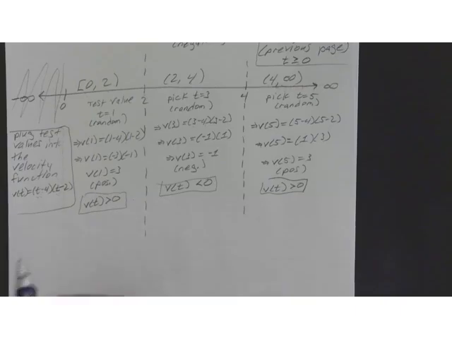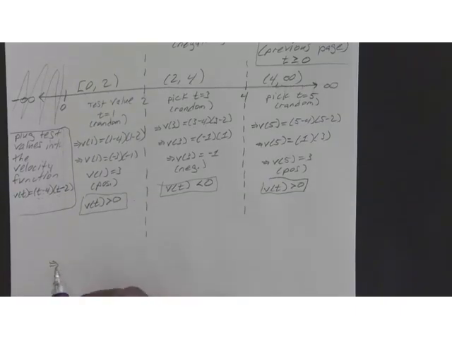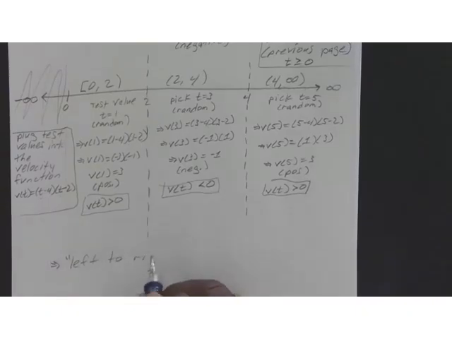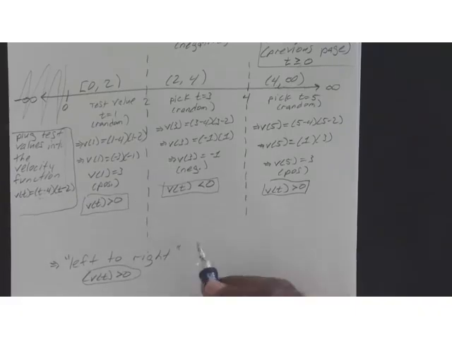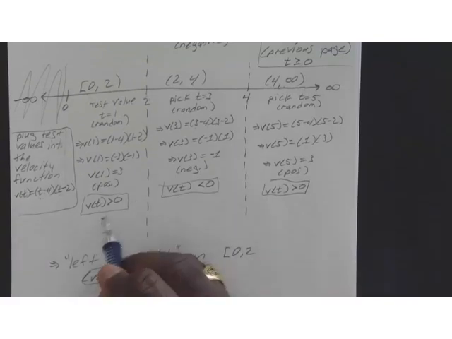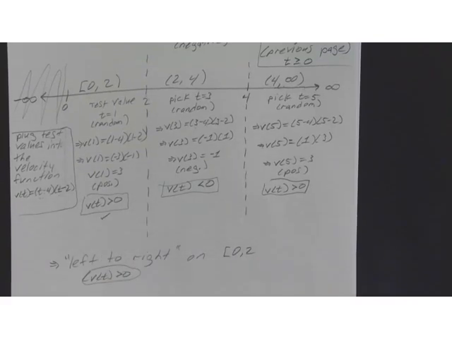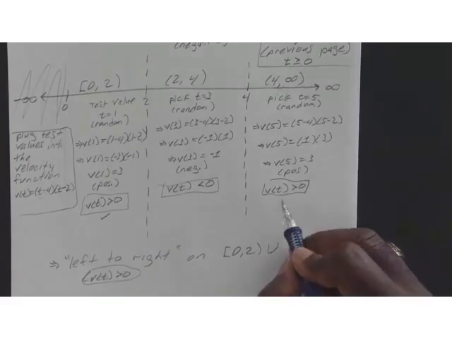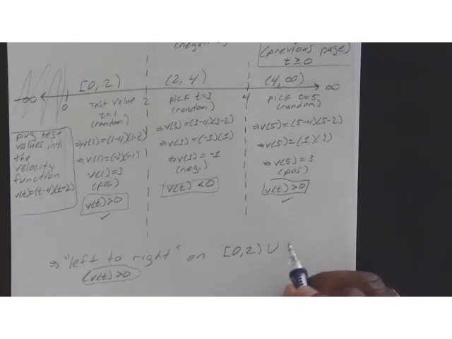Okay, so we know that going from left to right, or where your velocity is greater than 0, on the intervals from 0 to 2, that's our velocity greater than 0, or from 4 to infinity.